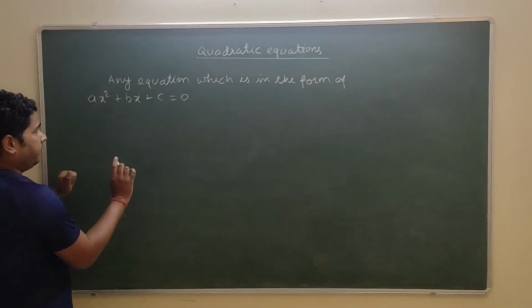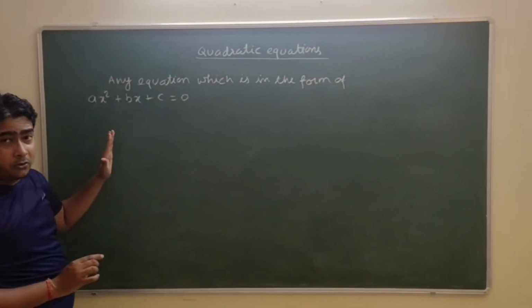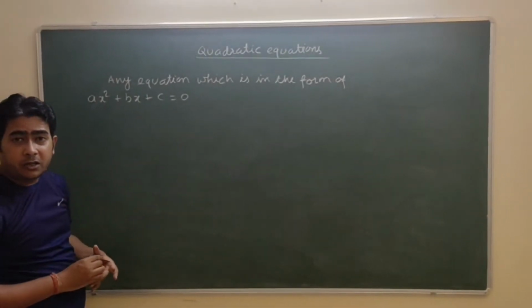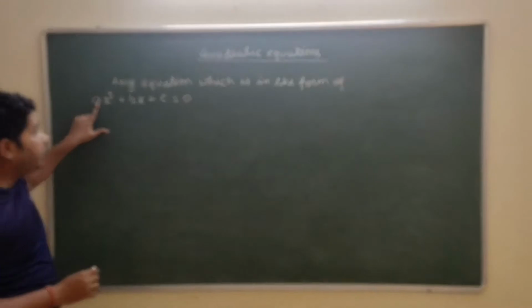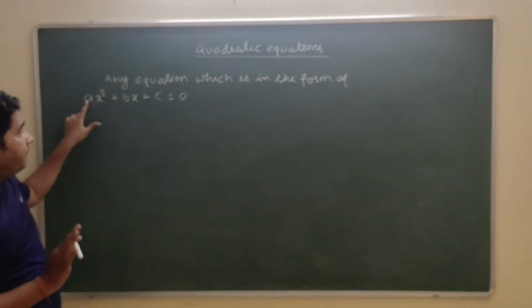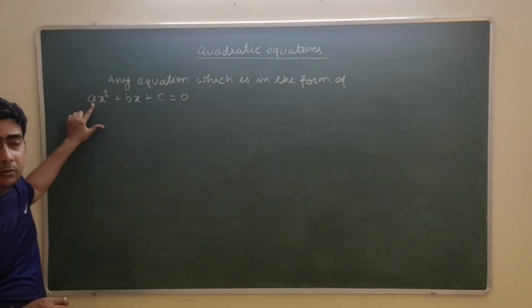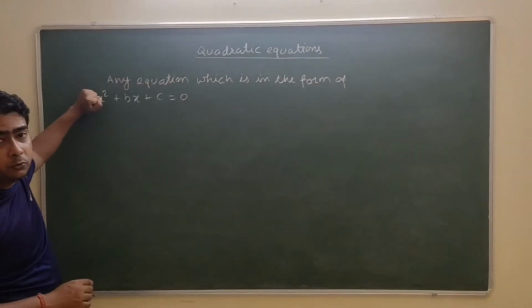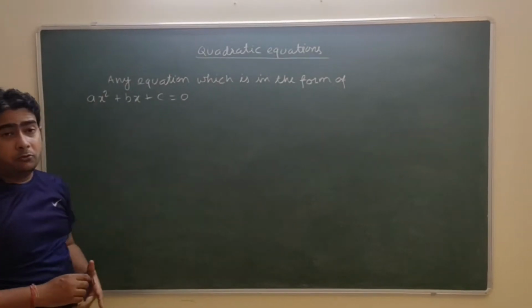In this equation, if it has to represent a quadratic equation, this a should not be equal to 0. What will happen if a is 0? It will vanish the degree 2 term and the equation will be converted into a linear equation.